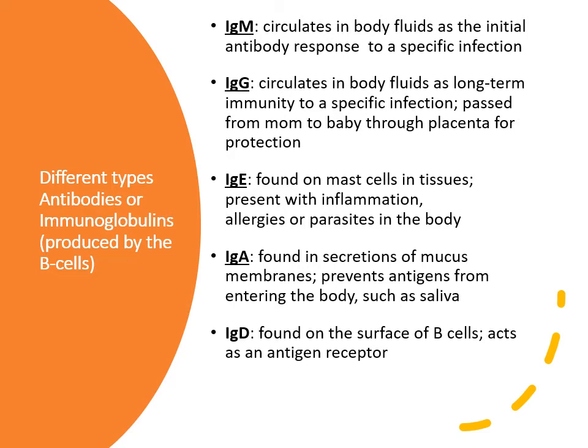Okay, so IgM is the initial antibody response to a specific infection, meaning when a patient comes in contact with an infection, the first response or the first type of antibody made by the B cells is what's called immunoglobulin M. Okay, so we can actually check IgM levels if we detect a recent infection, say from a viral infection such as hepatitis.